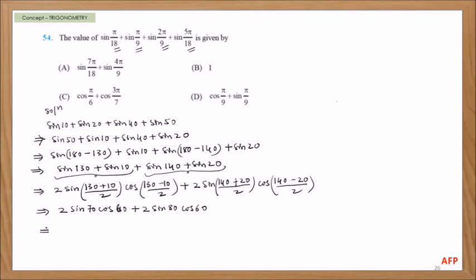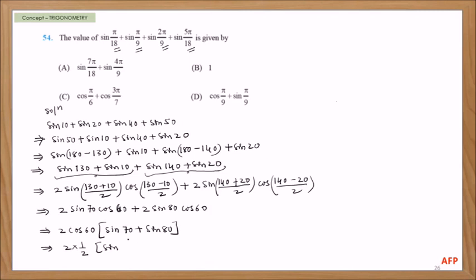Okay, so we will take 2 cos 60 degrees outside, sin 70 plus sin 80. This implies 2 times 1 by 2.